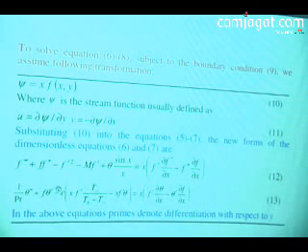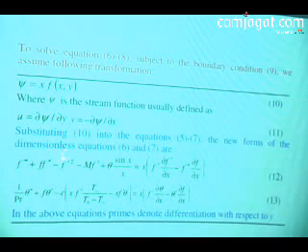To solve the equations, we consider a stream function, defined as in equation 11, and using this stream function we get the new form of the governing equations like equations 12 and 13. Equation 12 is the dimensionless momentum equation, and equation 13 is the dimensionless energy equation with the stream function.